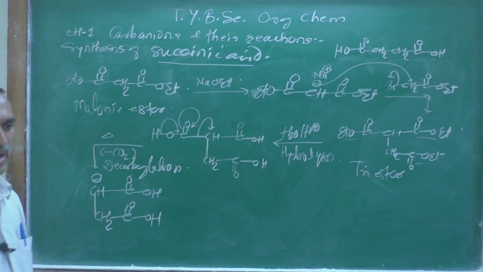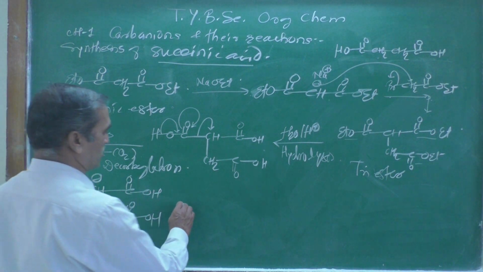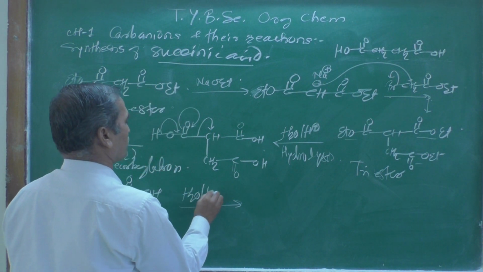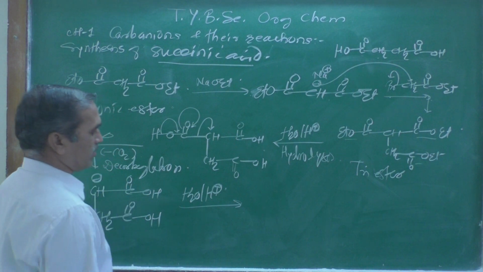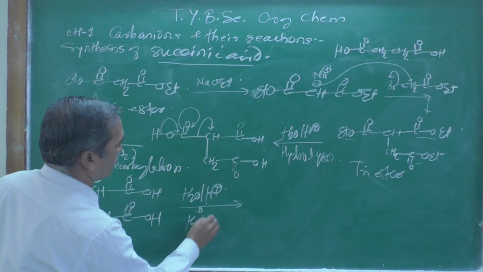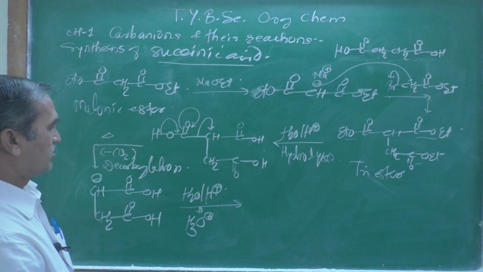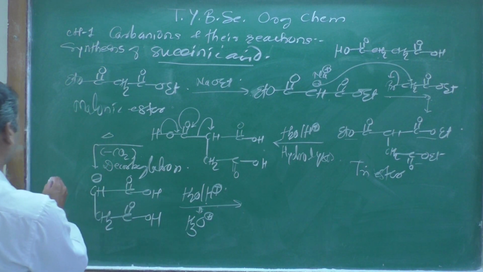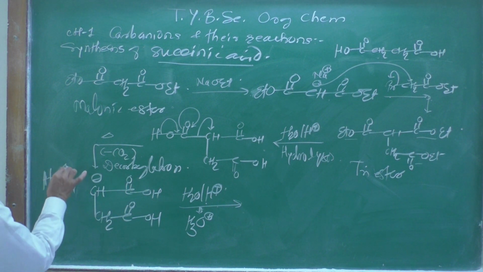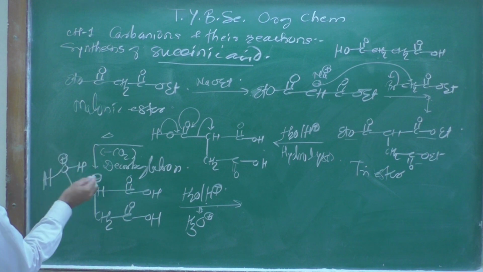When this carbanion picks up a proton from the acid, H2O from the hydronium ion, this species we can also write in this manner, H3O plus, like this. Or for the sake of mechanism, we can show it like this, H with a positive charge over there.